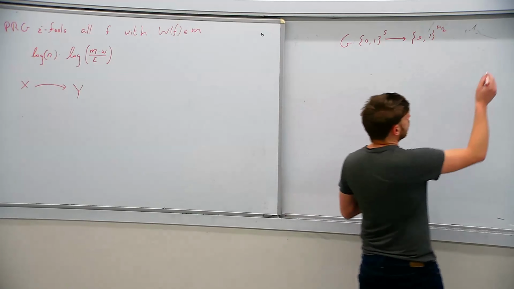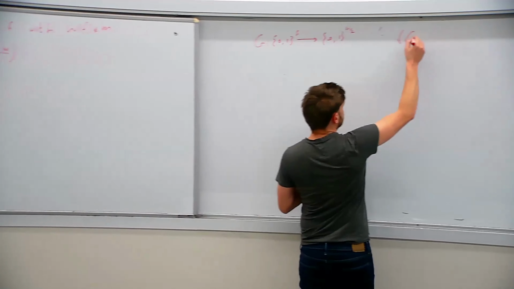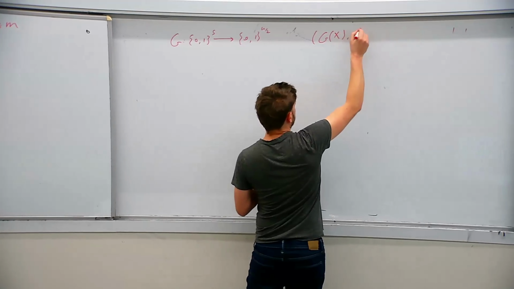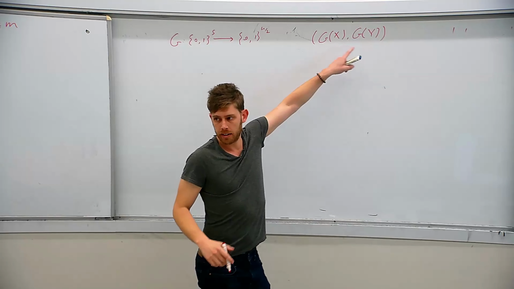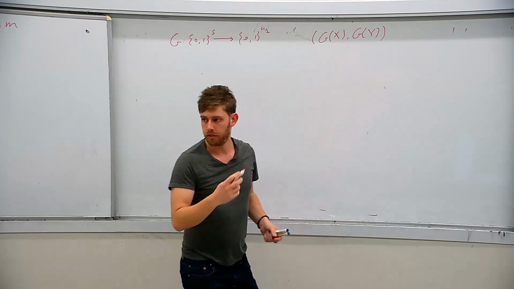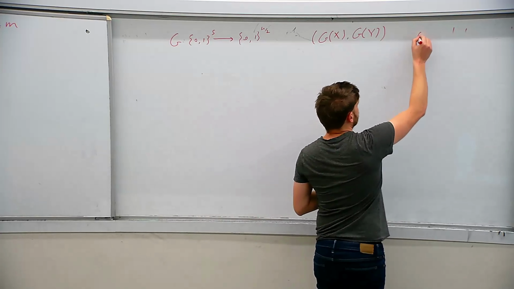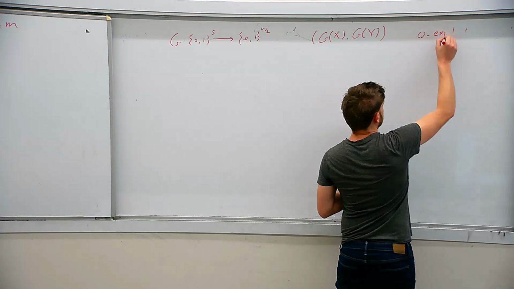And our new PRG is going to be G of x and G of y, where x is uniformly random and y is a random neighbor of x in an omega expander.